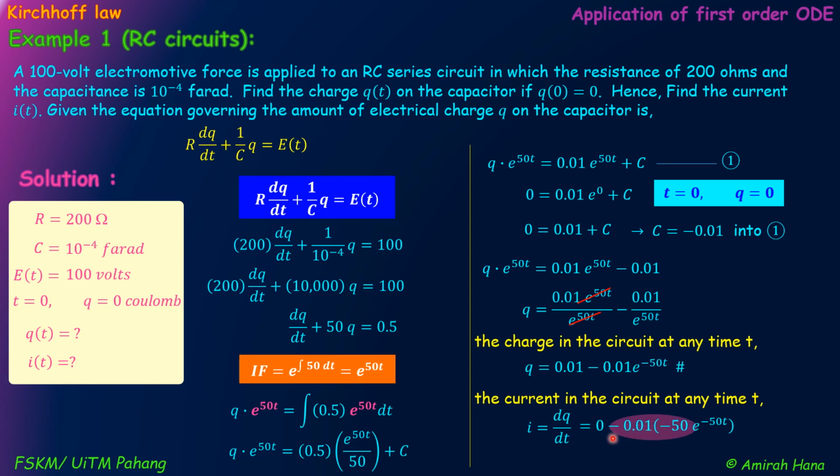We multiply negative 0.01 times negative 50, so we got i, which is the current in the circuit, equals positive 0.5 e to the power of negative 50t. This is i(t), meaning the current at any time t. This is the charge, which is q, and this is the current, which is i. Got it?